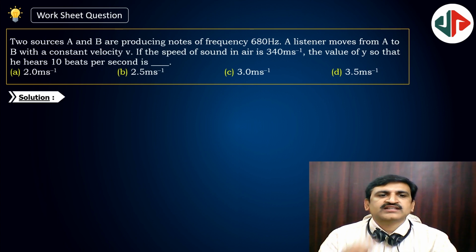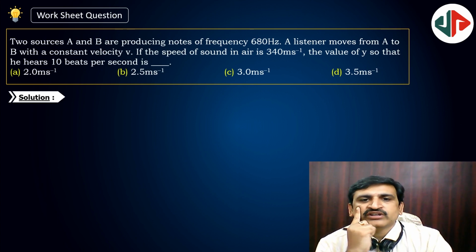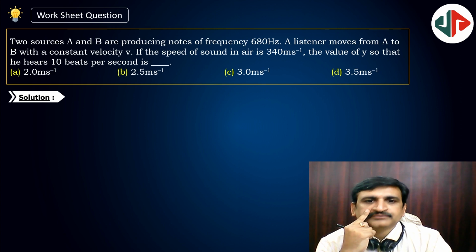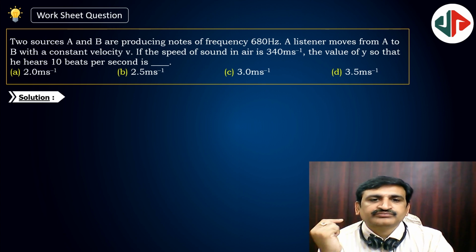Two sources A and B producing notes of frequency 680. A listener moves from A to B with a constant speed V. If the speed of sound in air is 340, then find the value of V so that he hears 10 beats per second.